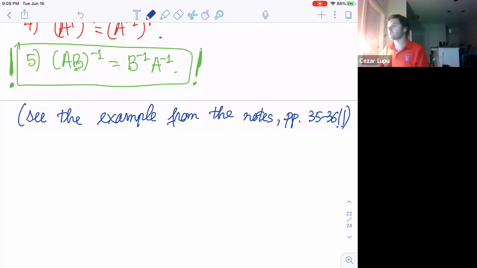Okay. Now, towards the end of this, I want to say a few words about elementary matrices. And probably I'm going to stop here. Just a few words. And you will see more examples of how we deal with elementary matrices in my notes.